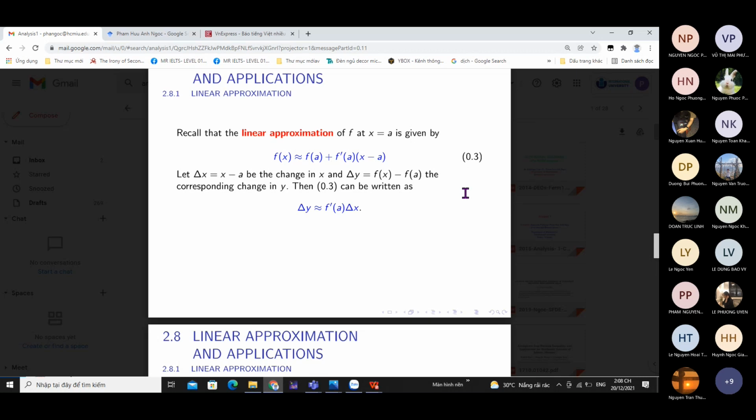You just remove f of a on the left hand side. You have f of x minus f of a approximately f prime of a times (x minus a). And if we call delta x just x minus a, and delta y just f of x minus f of a, from equation number 3, we get delta y is approximately the product f prime of a times delta x.